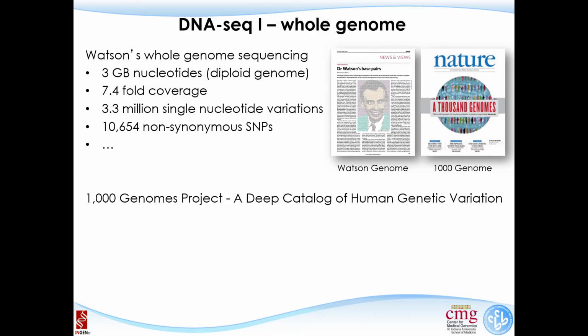And eventually we actually sequenced 2,500 individuals, which is more than 1,000, which was 500 genomes from each of the 5 major populations. So we'll talk about that a little bit as well.